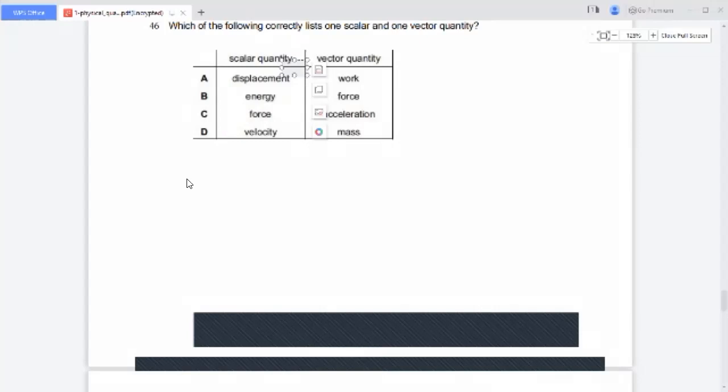Scalar quantities: energy is a scalar quantity, displacement is not a scalar quantity, force is not a scalar quantity, velocity is not a scalar quantity. Now let's move to the vector side.